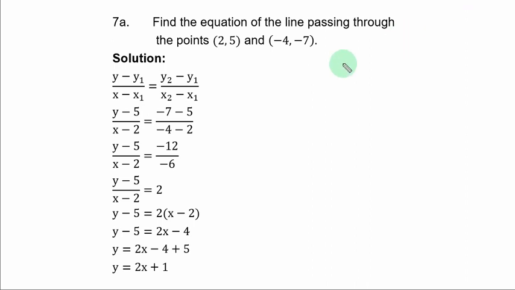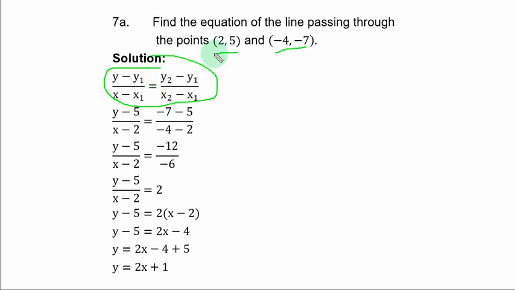Question 7a. Find the equation of the line passing through the points (2, 5) and (-4, -7). Such an equation can be formed using this formula, the point-gradient form precisely.